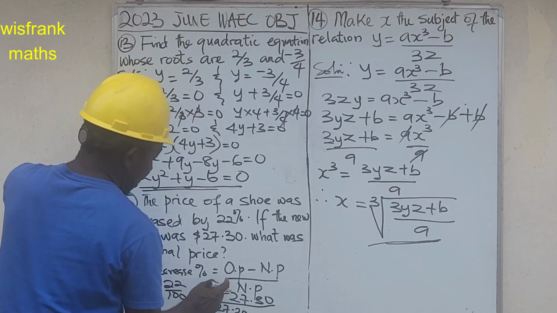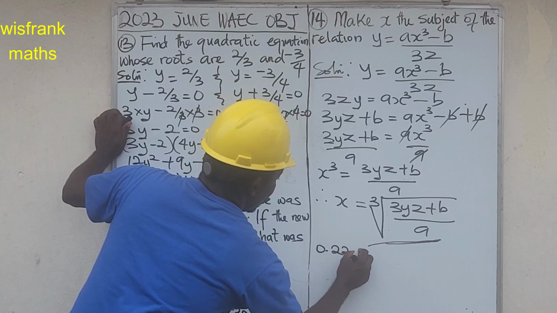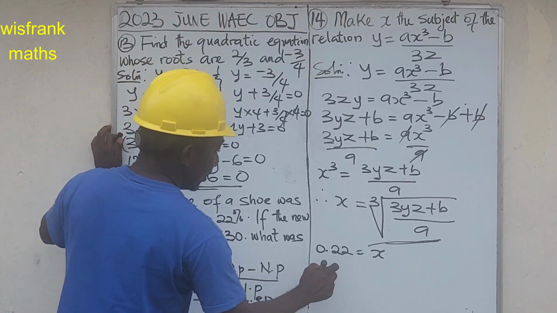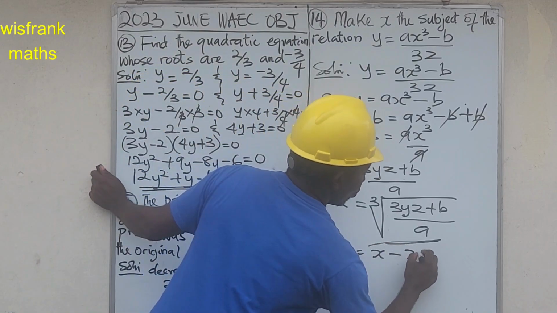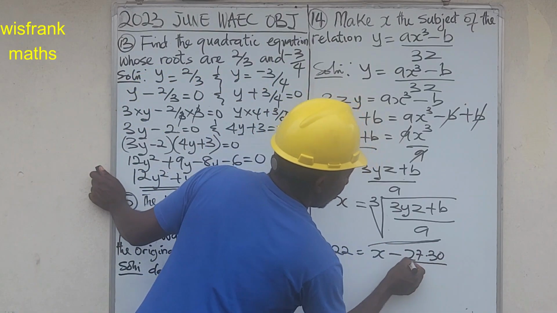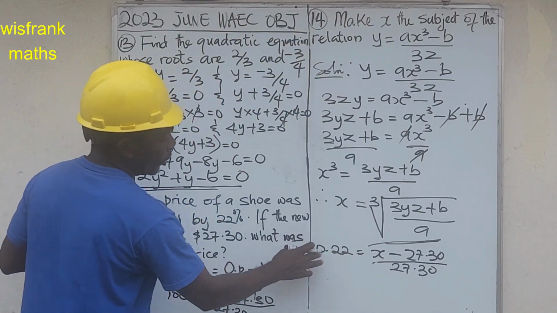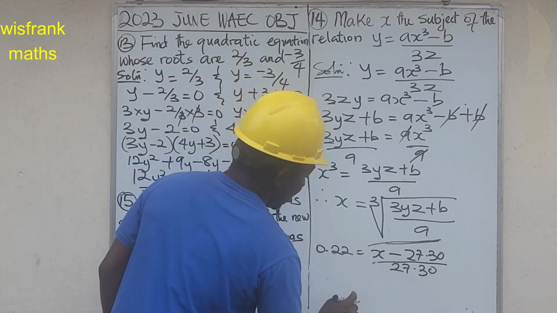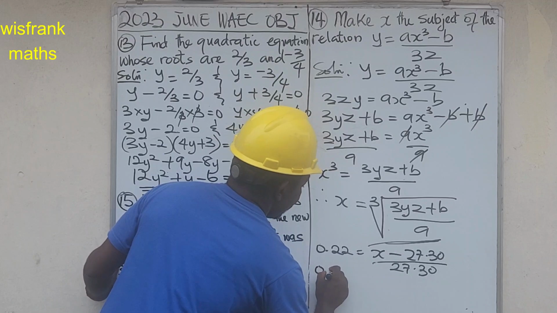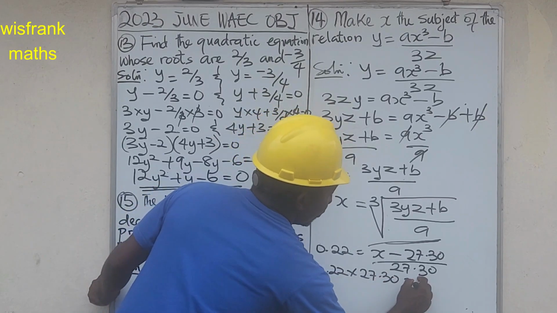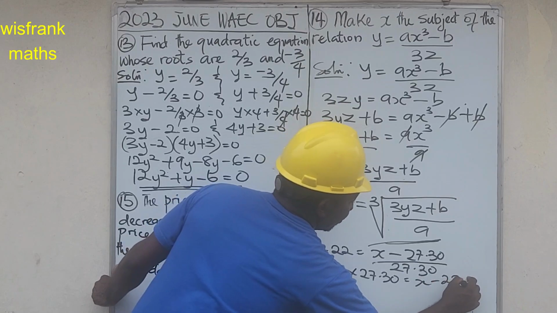So we have this as 0.22 equals x, which is the original price, minus the new price, which is 27.30, all over 27.30. So after our substitution, now we can cross multiply. When we cross multiply, we have 0.22 times 27.30 equals x minus 27.30.